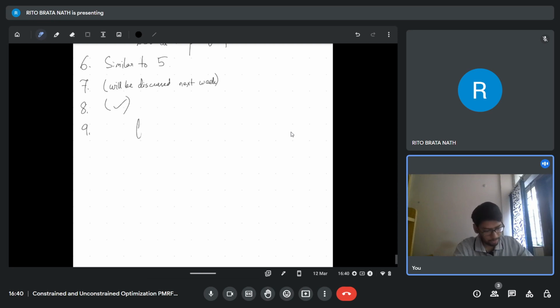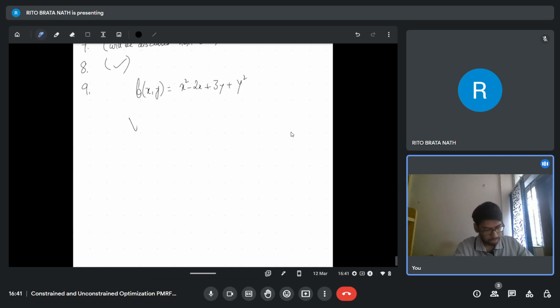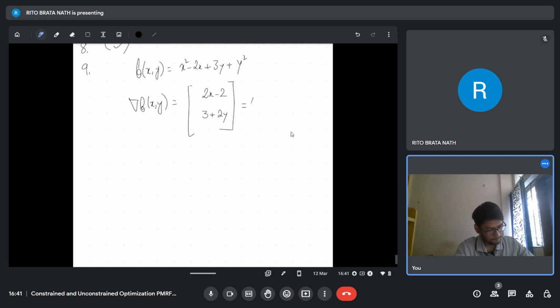Suppose f(x, y) is given as x squared minus 2x plus 3y plus y squared. Now you can take the grad of f(x, y). First you take the partial derivative with respect to x and then the partial derivative with respect to y, and set this to 0.